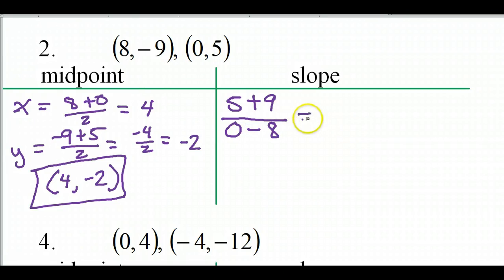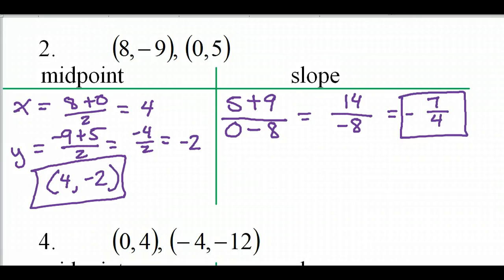So that's going to give us 14 over negative 8. We need to reduce that. Dividing by 2, that'll make 7 over negative 4, or negative 7/4. So that should be the slope for problem number 2.